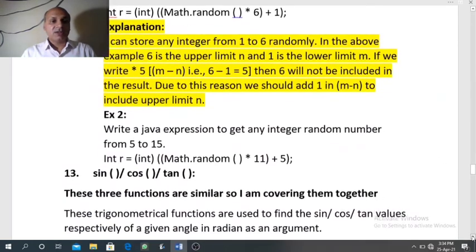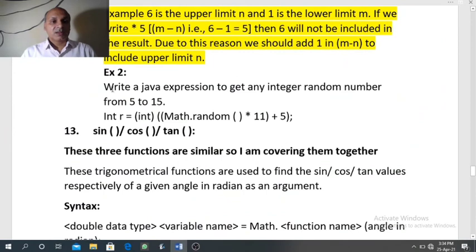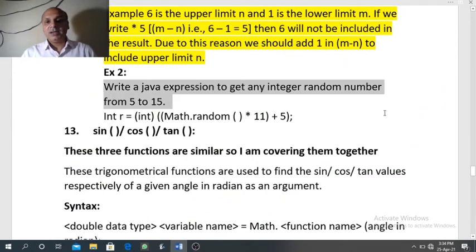One more example here. Suppose we want to find the Java expression to get any integer random number from 5 to 15. So here lower limit is 5, upper limit is 15.